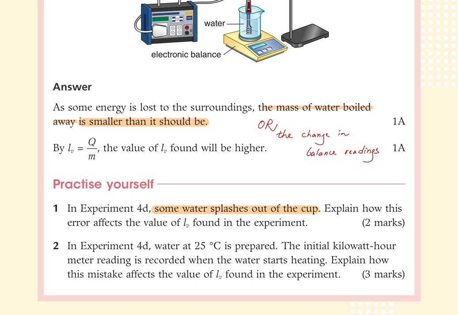Well, how would the calculated latent heat of vaporization be affected if some water splashes out of the cup? Think about it. Try this question yourself and see if you are able to write quality answers as those above.